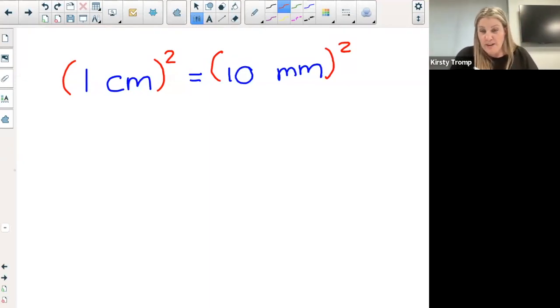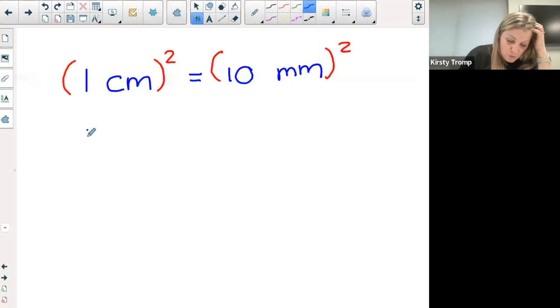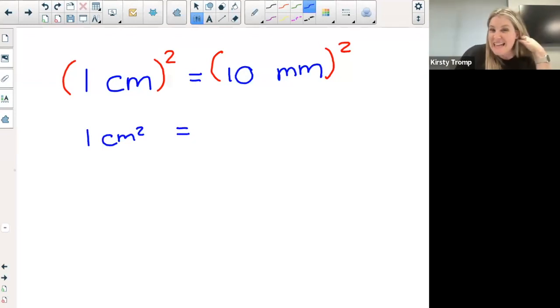All right, so all I've done is I've gone and put brackets. Whatever I've done on the one side of the mirror, I had to do on the other side of the mirror. So that means 1 squared, so 1 times 1, because that's what squared means. Remember when we did squared numbers? 1 times 1 gives me 1 centimeter squared. 10 squared, what's 10 times 10, guys?